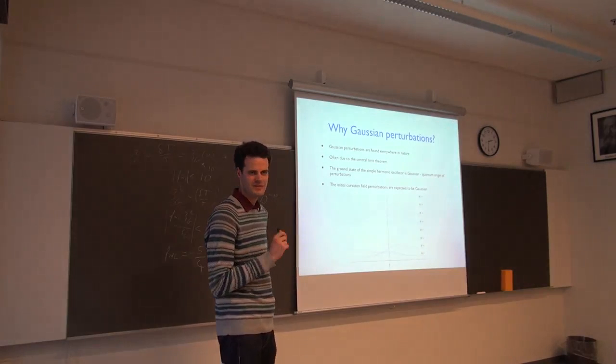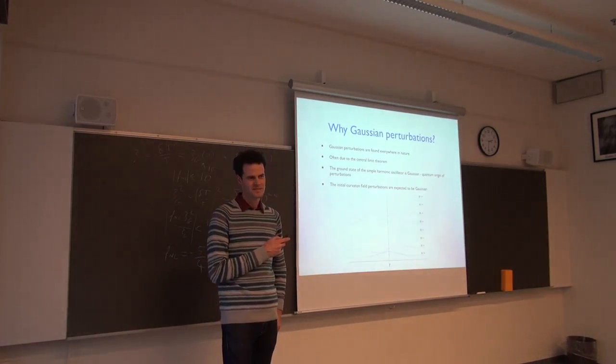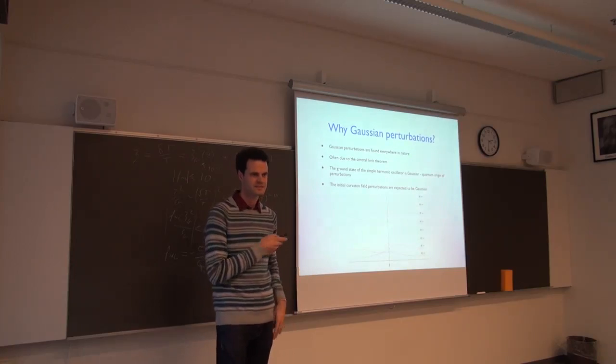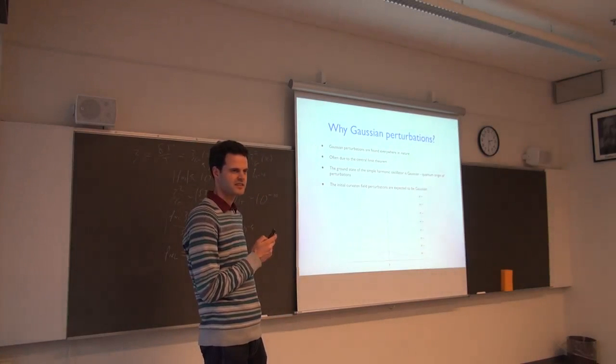There are some caveats to this which I'll come to, but that's at a background level why when people talk about the simplest single field models, they say the perturbations should be Gaussian. To very high accuracy, much better than the observational accuracy.